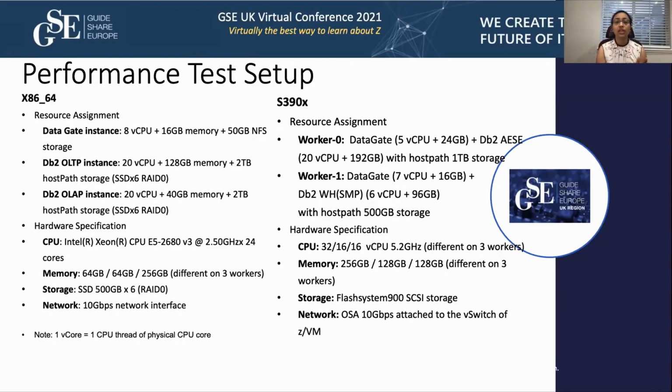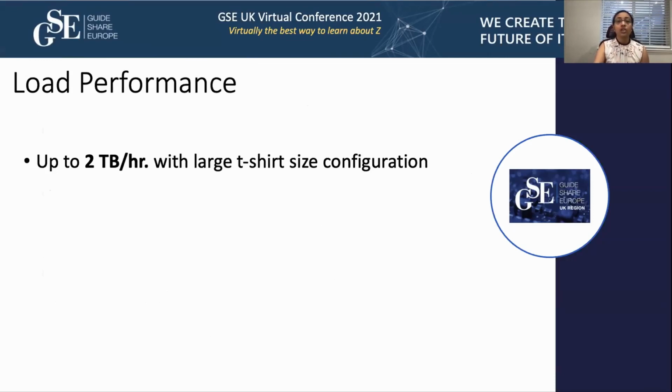I'm not going to read out most of the configuration that you see here; I'm sure you all will have access to the slides. It maps to what we call a t-shirt size large system. We go by t-shirt sizes in mapping the configuration: small, medium, and large, and this would map to a large.